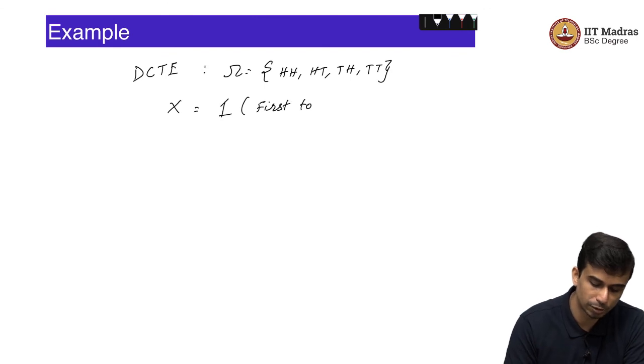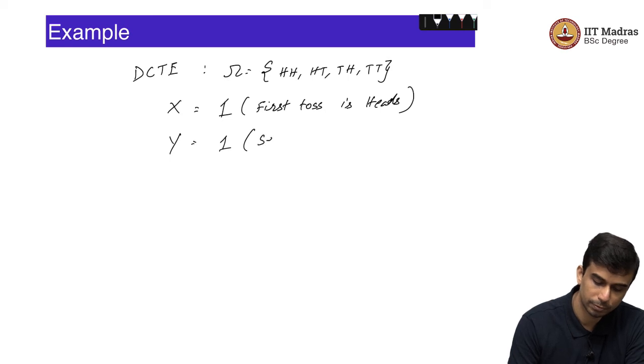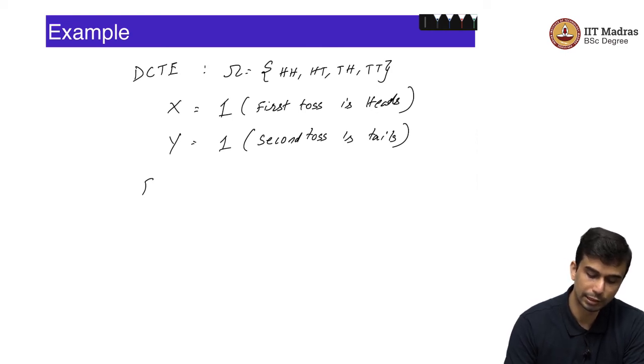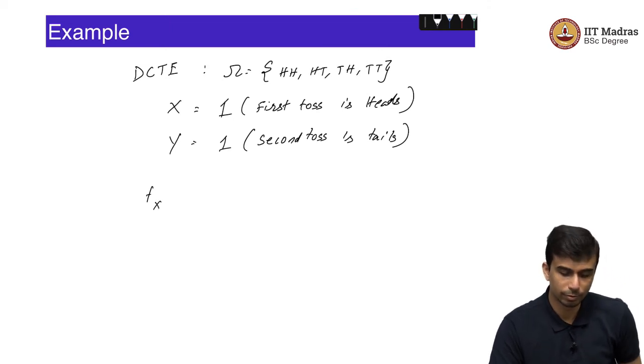Let us say x is equal to the indicator of the first toss being heads, which means that we know exactly what this means. Let us say y is the indicator of the second toss being tails. X and y are independent.